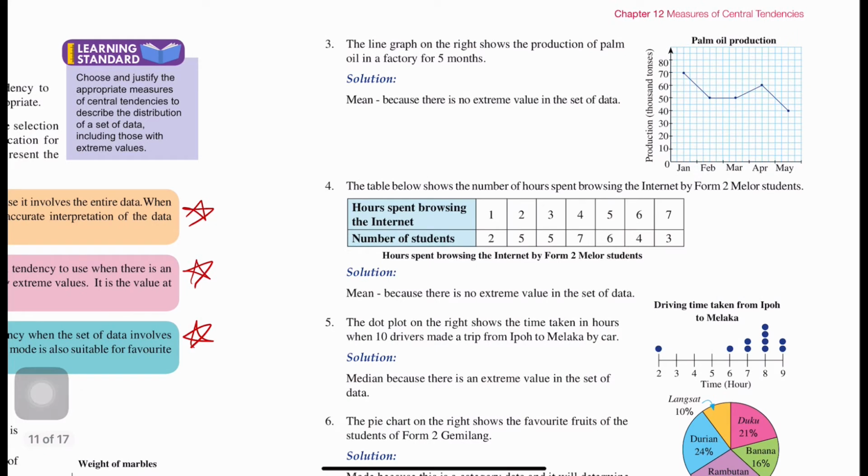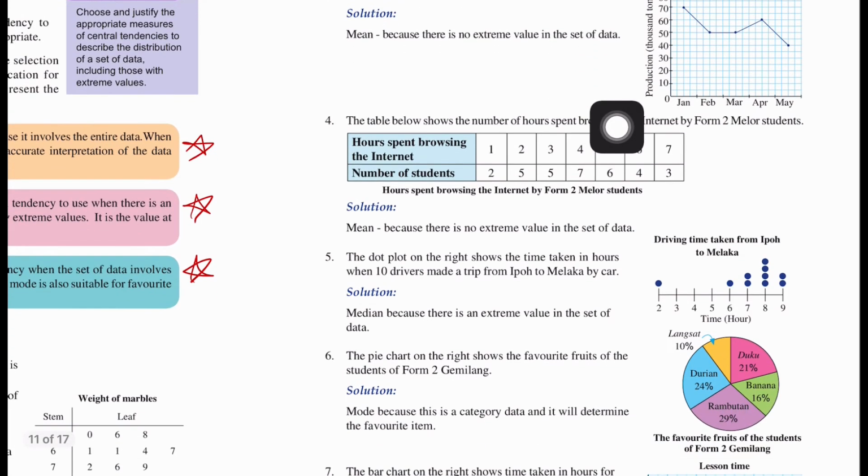Next, number 3. The line graph on the right shows the production of palm oil in a factory for 5 months. First cari dulu, ada tak extreme values? No extreme values, so we can use mean, because there is no extreme value in the set of data.